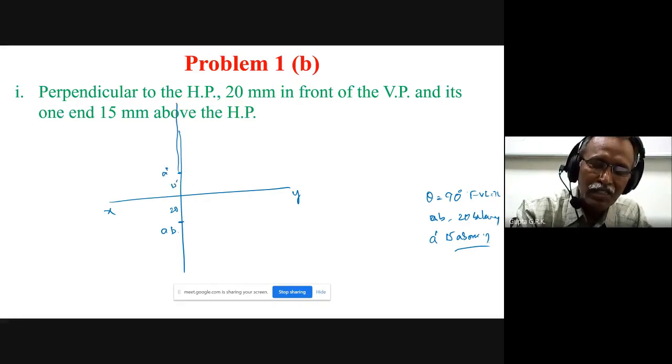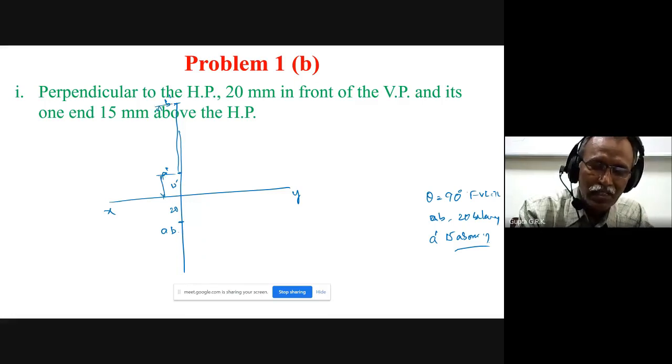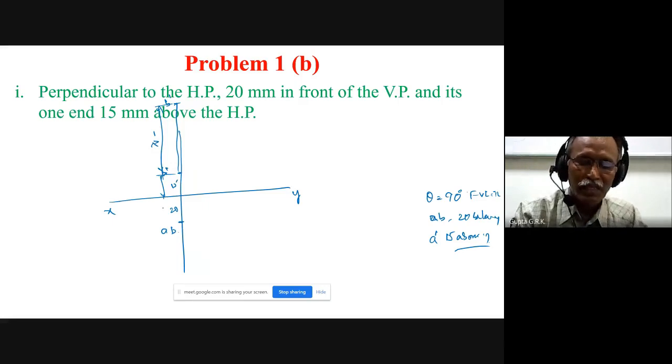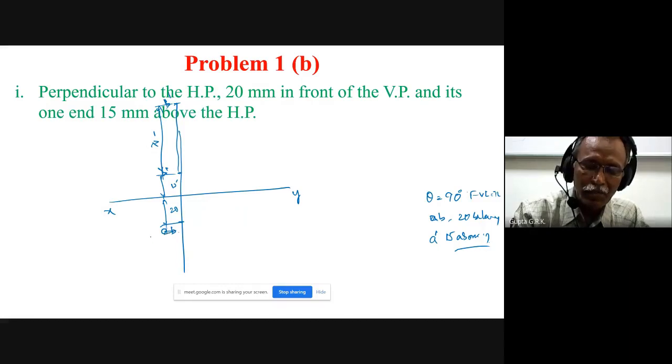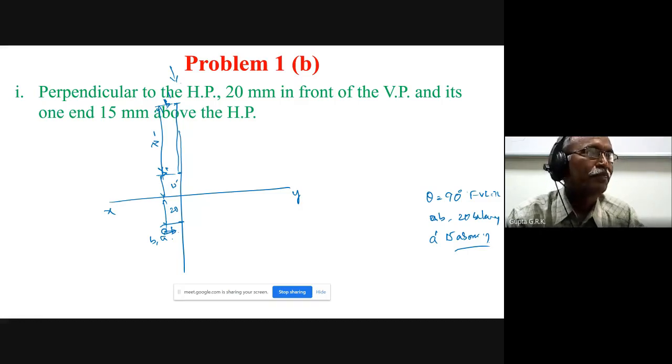And from here, you take 75, so B dash will come here. I show this as 15 and this as 75, and this is 20. And if you put B dash here, I have to put B comma A here, because if I see from the top, B comes first and A comes later. Is this answer clear?